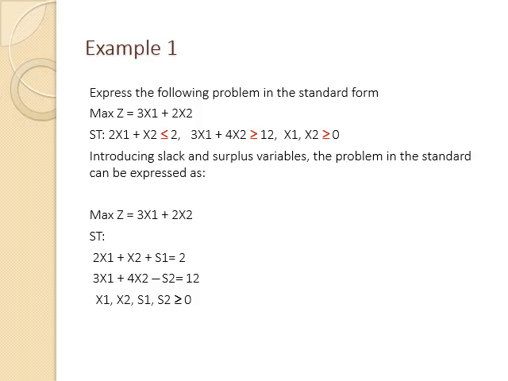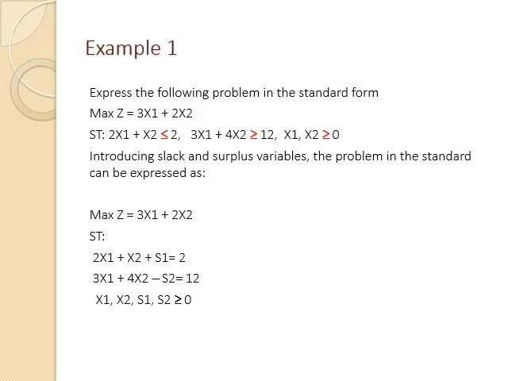Let's see how we can convert the two constraints into standard form. The first constraint is 2x1 plus x2 plus s1 equal to 12, plus s1 because the constraint is less or equal.